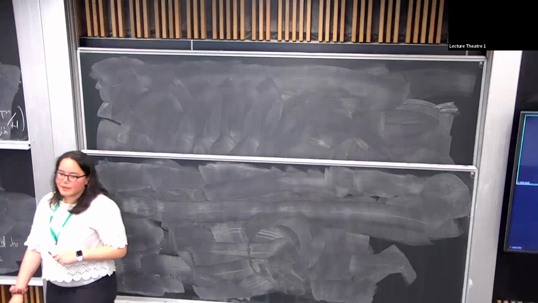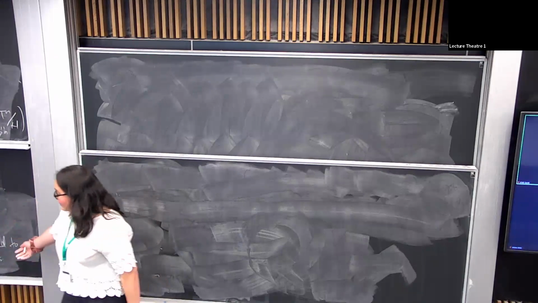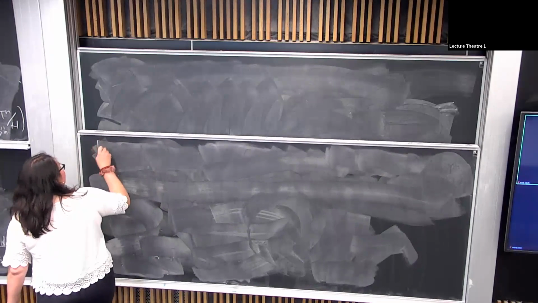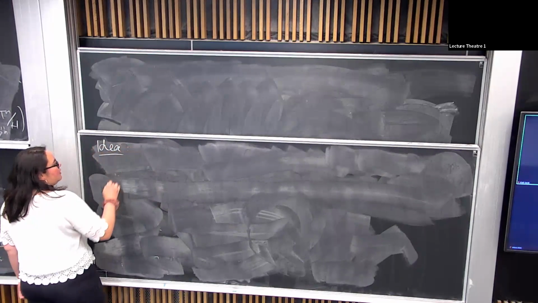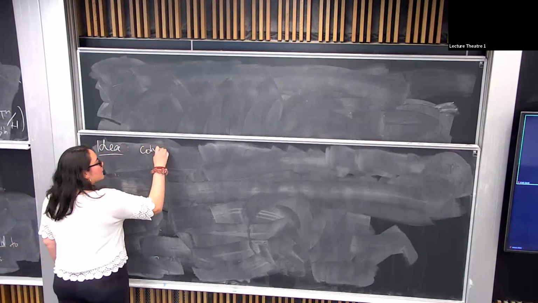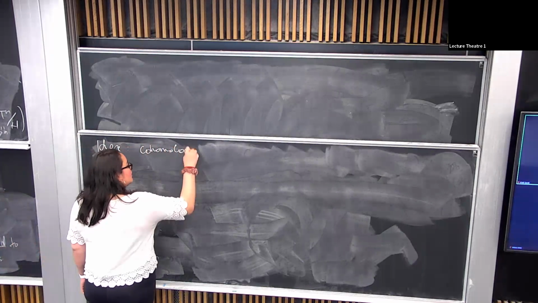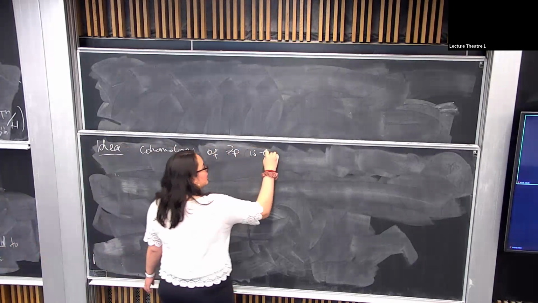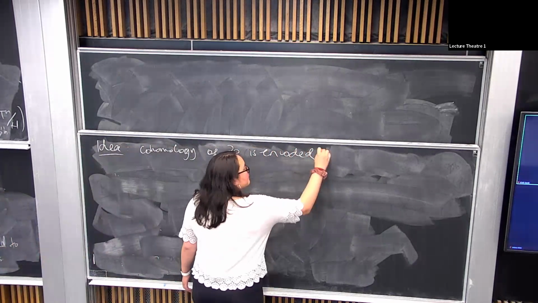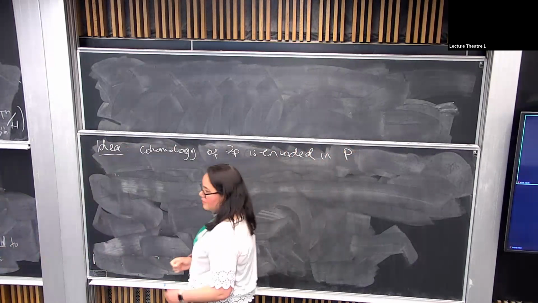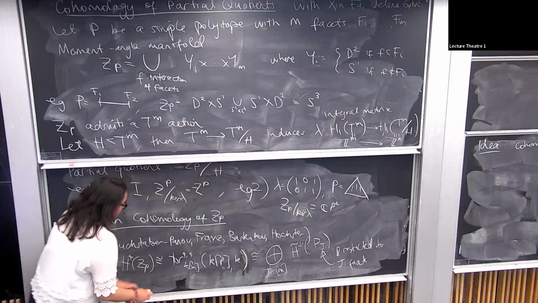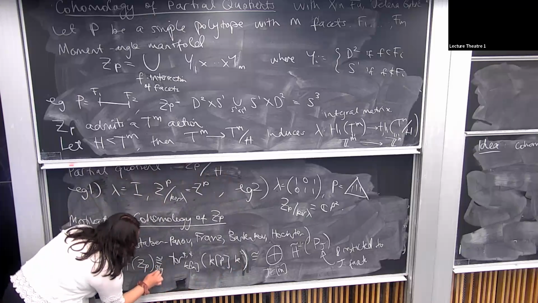So when I'm talking in combinatorial terms, this is exactly what we mean. The idea of this is really that the cohomology of Z_P is somehow encoded in P.